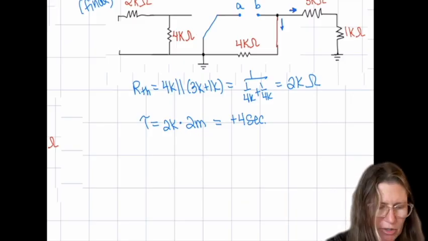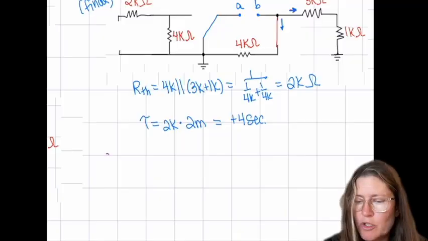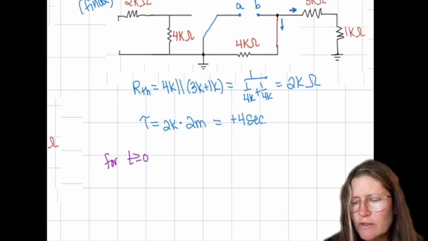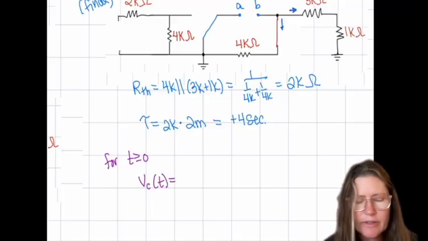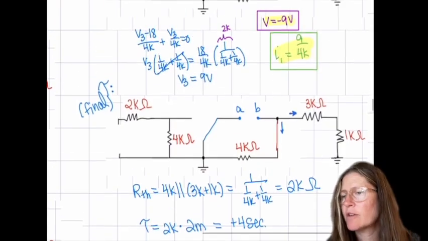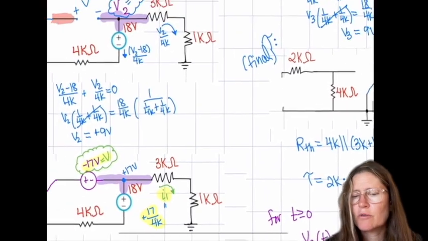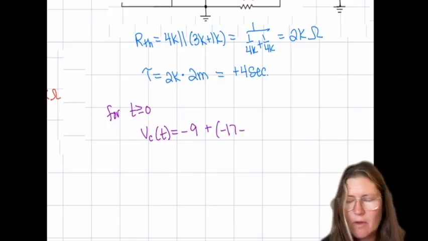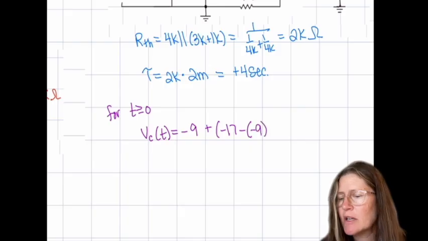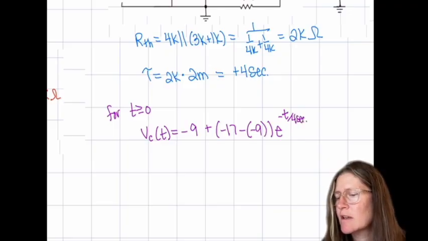And now our expressions are going to be, for t greater than or equal to 0, that VC of t, the voltage across the capacitor. We have the final value is a minus 9. The initial value is a minus 17. So minus 9, plus minus 8, e to the minus t over 4 seconds, in volts.